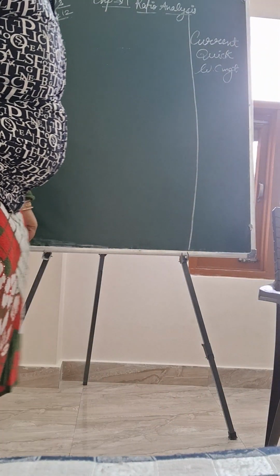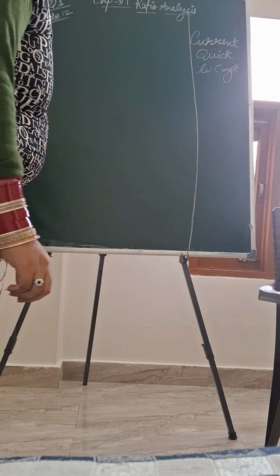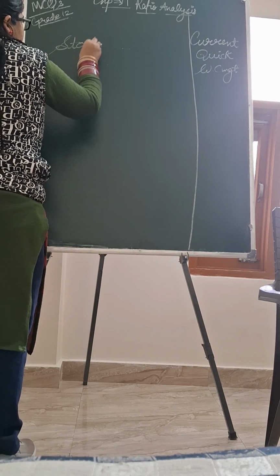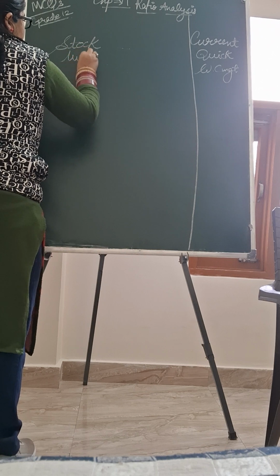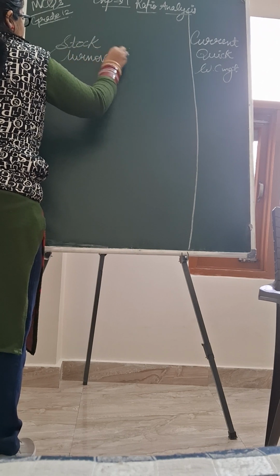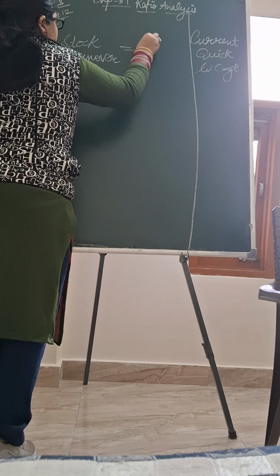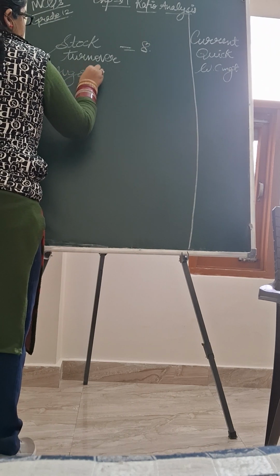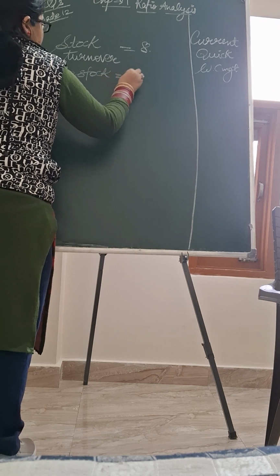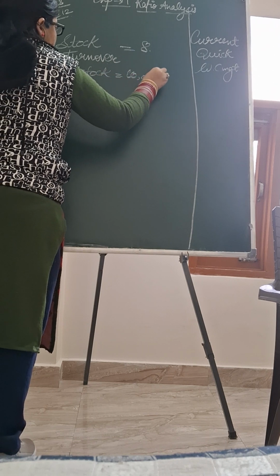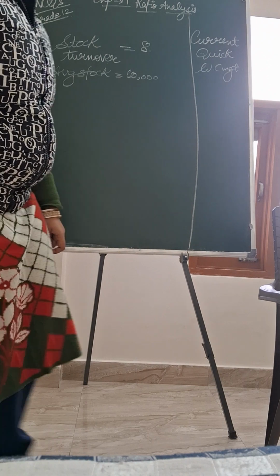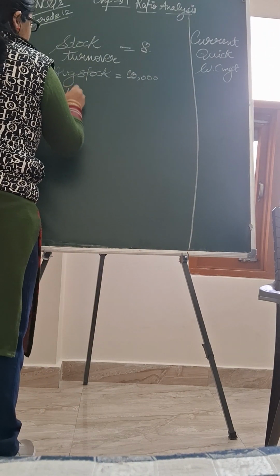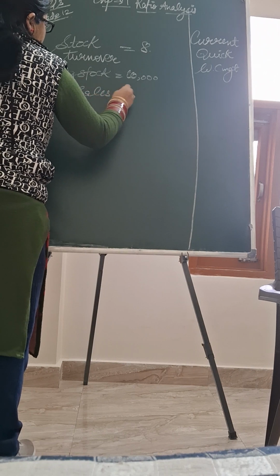So if the stock turnover ratio is given, they can ask you to find out the net sales. Stock turnover ratio is given, equal to 8, and the value of average stock is given, 10,000. So they can ask you to find out net sales. Now how to calculate net sales?